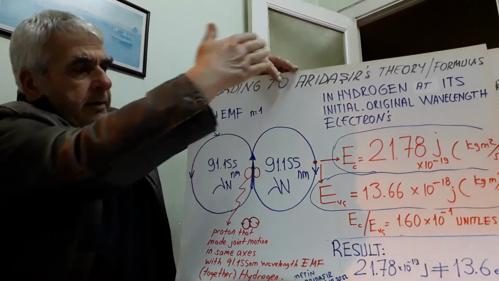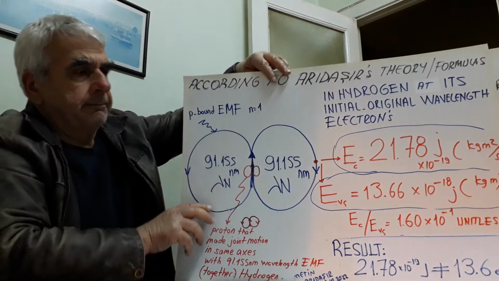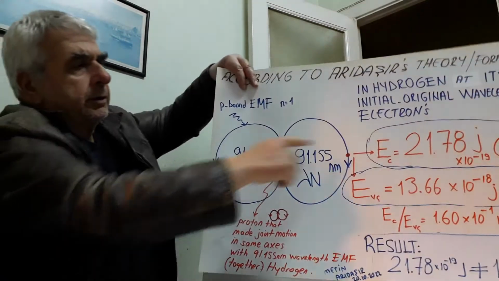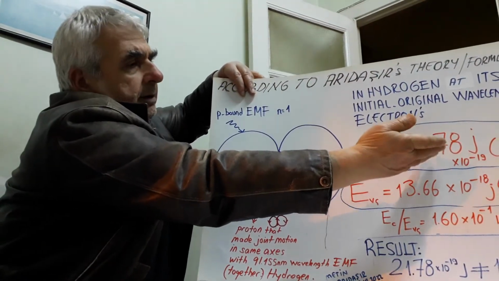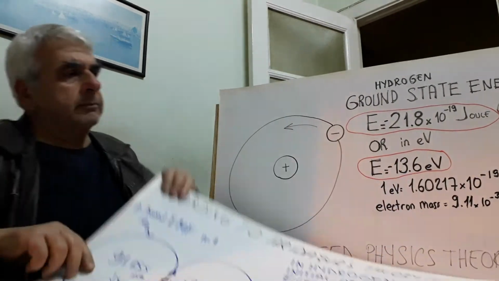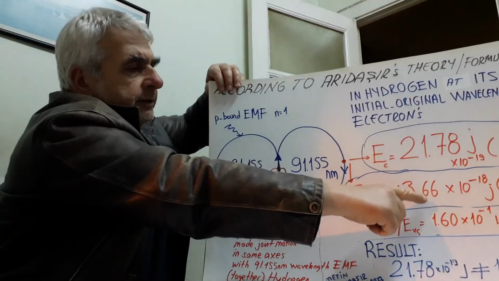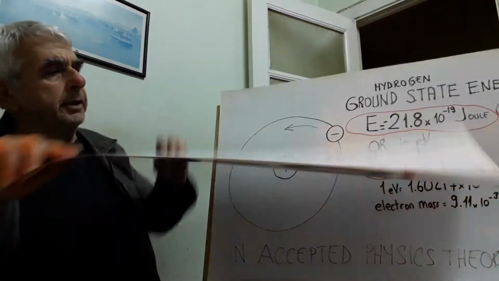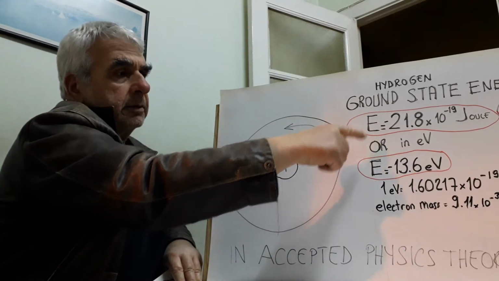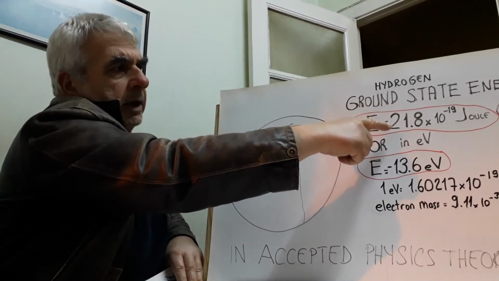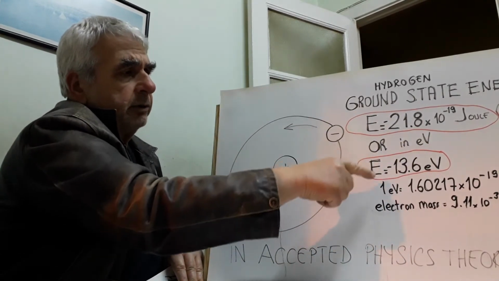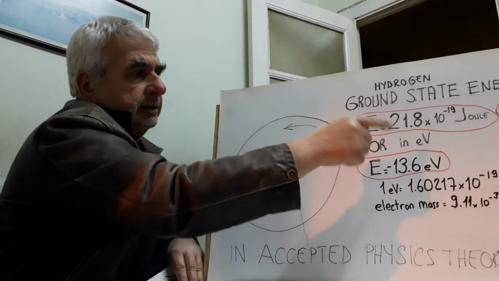Now, instantly compare. Here, 21.8. Here, 21.78, same. Here, 13.6. Here, 13.66. These are convertible and same. 21.8 10⁻18 joule is equal to 13.6 electron volts.